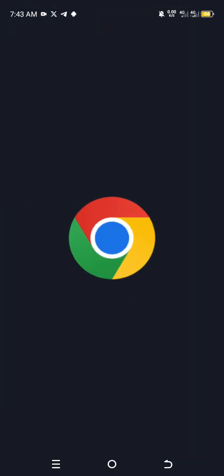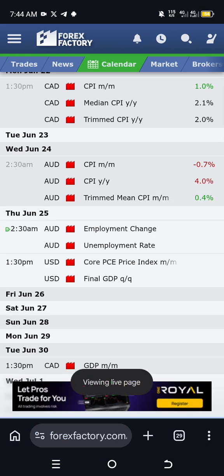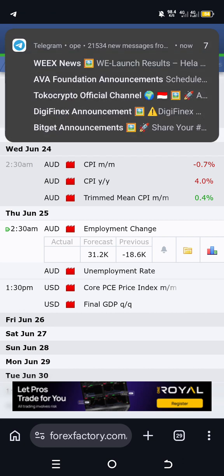Having opened your platform and timed it, I know when the news will be released. So if the actual figure is greater than the forecast, for instance, this Australian news has not been released, so we don't know the actual result yet. If the actual result is greater than the forecasted figure, that means the news is very good news for that currency.